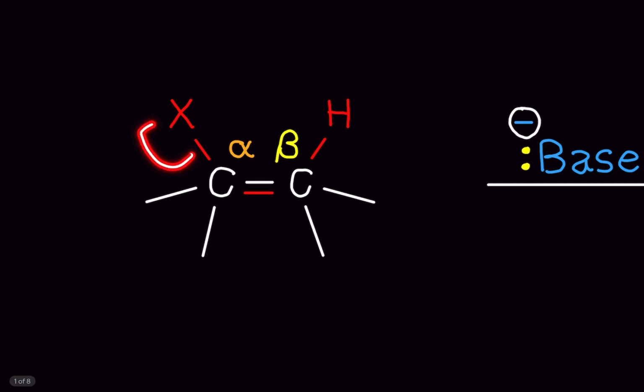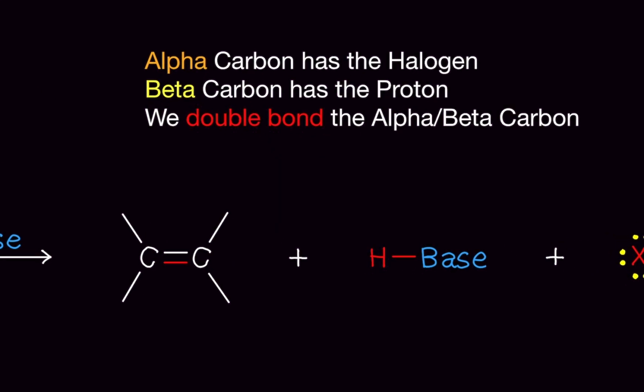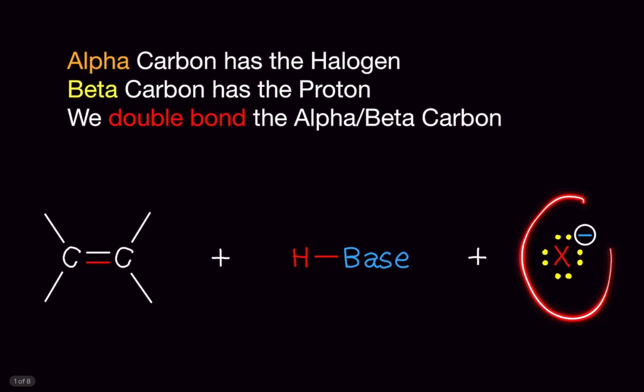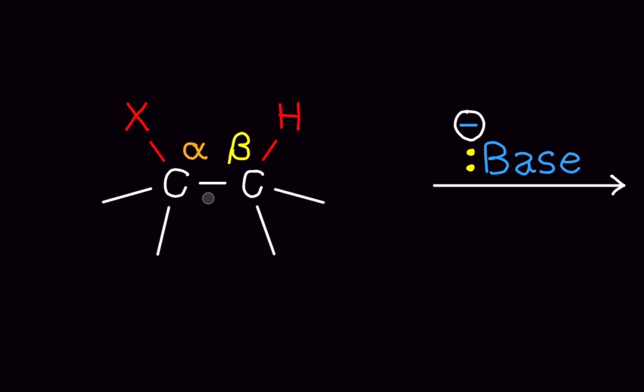So it'll kick out the halogen. So it's set free, which is indicated here at the end of the reaction. So we are left with a double bond between the alpha and beta carbon, right? This is the alpha, this is the beta. We are now left with a double bond between them. The base has now stolen the hydrogen, the proton, and we have set free the halogen. That is what a basic elimination reaction is.